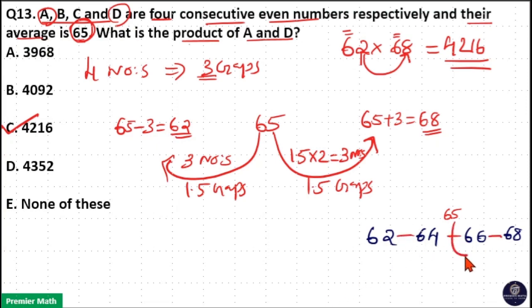Now 1.5 gaps after 65 and 1.5 gaps before 65. Now 66, 67, 68, 3 numbers after 65, and 62, 63, 64, 3 numbers before 65. So this is the concept here.